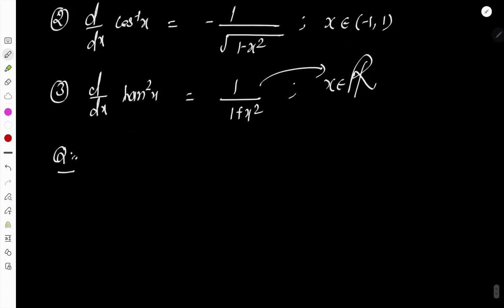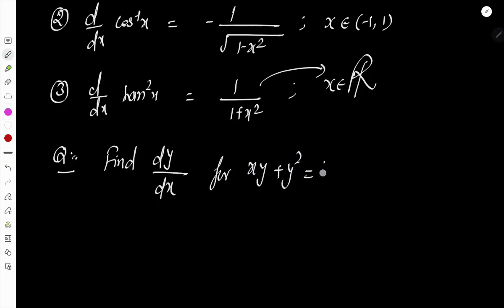Question first, one more question I am taking for dy by dx. Find dy by dx for xy plus y square is equal to tan x plus y.